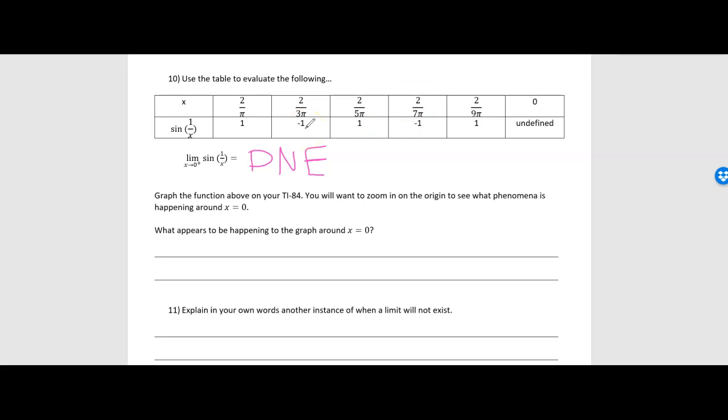We just kind of talked through these questions. So what appears to be happening to the graph around x equals 0? The function bounces.